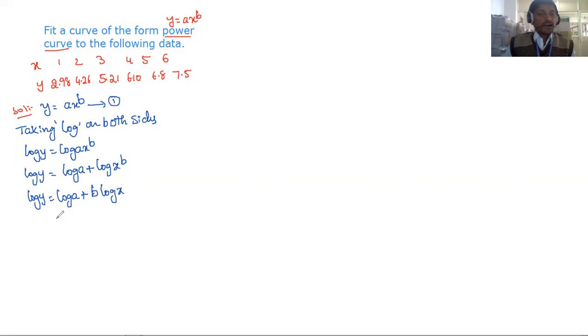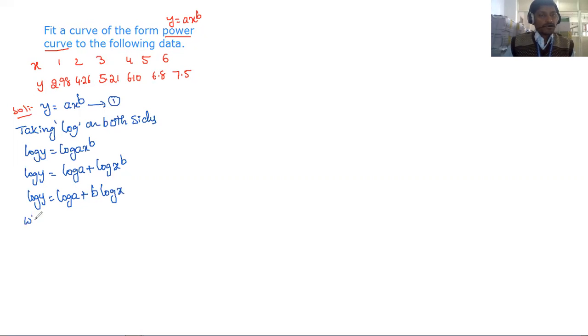So log y is equal to log ax power b. Then by using the formula of log ab, we write log a plus log x power b. So log y is equal to log a plus b log x, since log a power m is nothing but m log a.